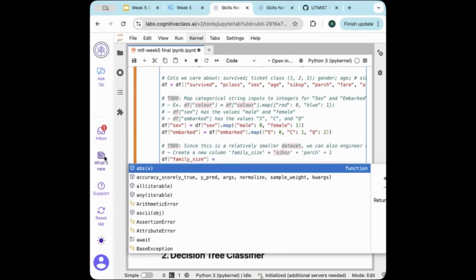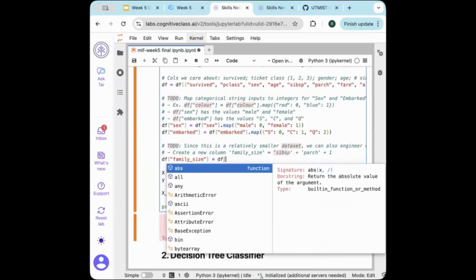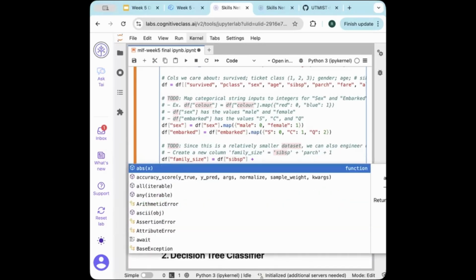The family size is going to include the number of siblings plus the number of parents/children.